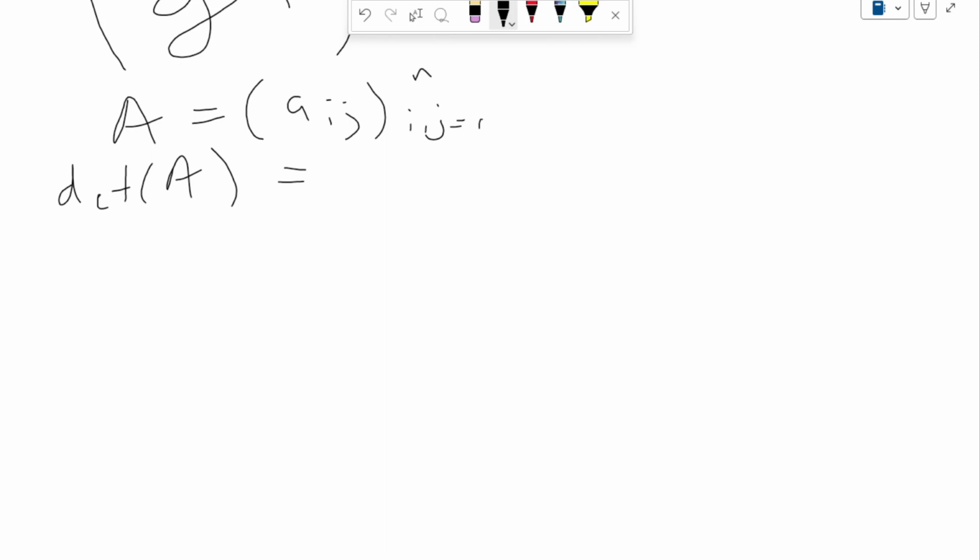So this is an n by n matrix, and the entries of this matrix are going to look like a_{ij}. Like, if n was 2, this would look like a_{11}, a_{12}, a_{21}, a_{22}.